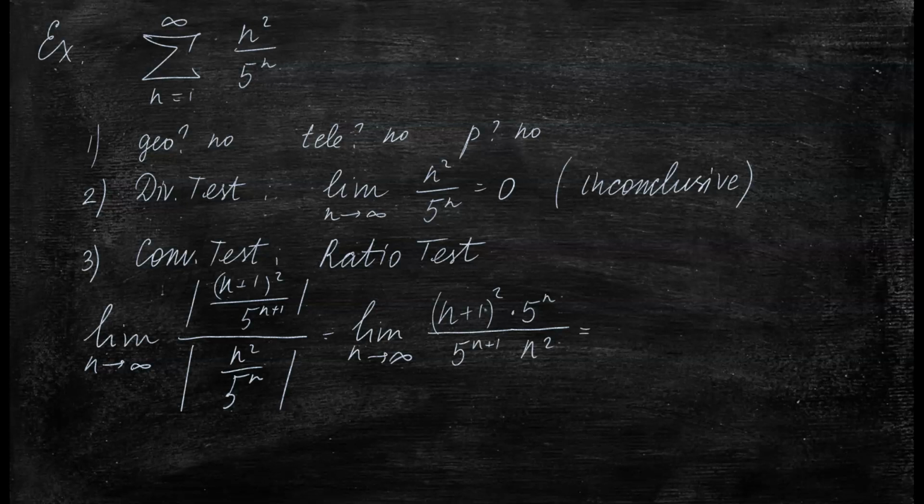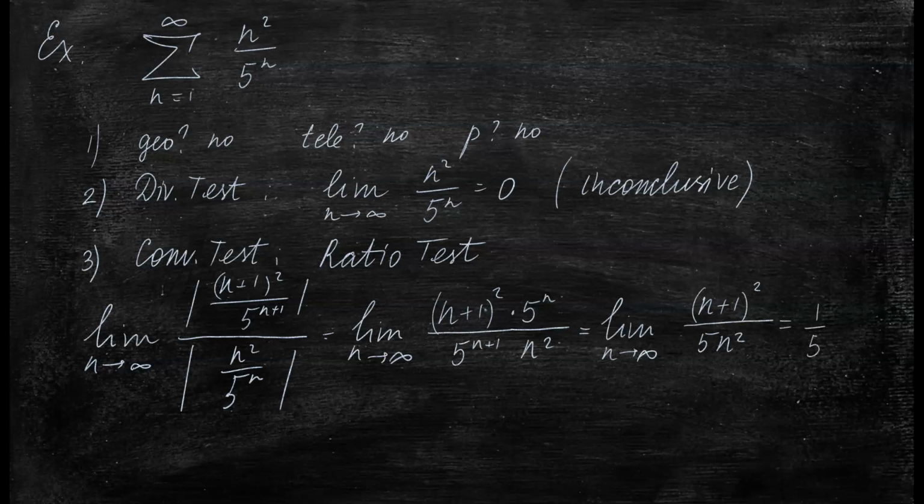Now 5 to the power n and 5 to the power n plus 1 have a lot in common, so we can reduce the whole 5 to the power n, and we end up with something like this. Now this is a simple rational function whose limit is equal to the leading coefficient of the numerator divided by the leading coefficient of the denominator.